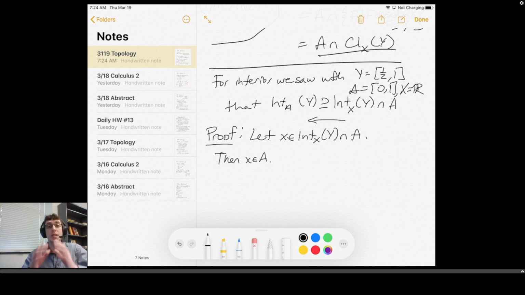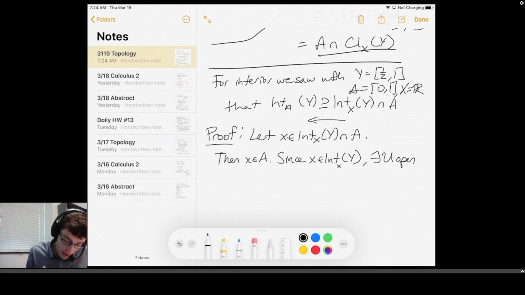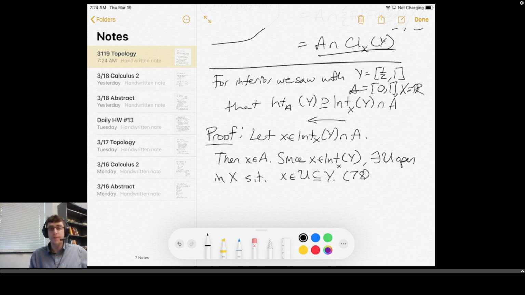That just means there's some open set, not all like with the closure, but just one open set at least that contains X and lies inside Y. So since X is in the interior of Y in X, there exists U open in X such that X is in U and that is contained in Y. So that's 78 for us. Okay?